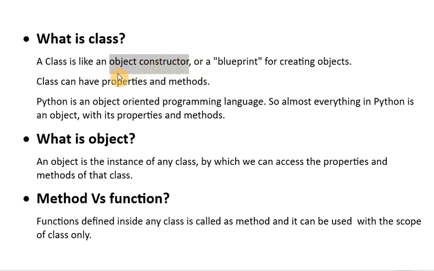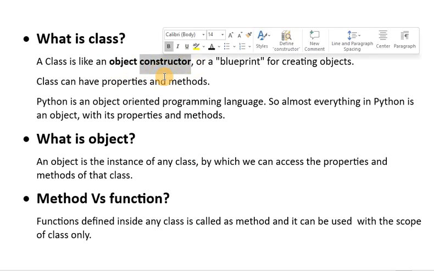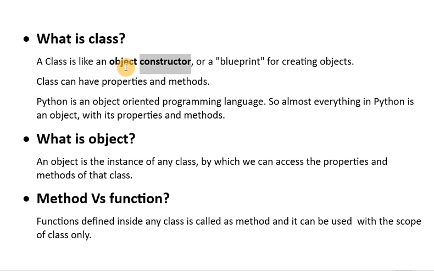Object constructor. Why is it called an object constructor? Constructor means to make something. So a class is called the object constructor. What does it mean? It means a class is going to construct or create objects. Due to this behavior, the class is called the object constructor.